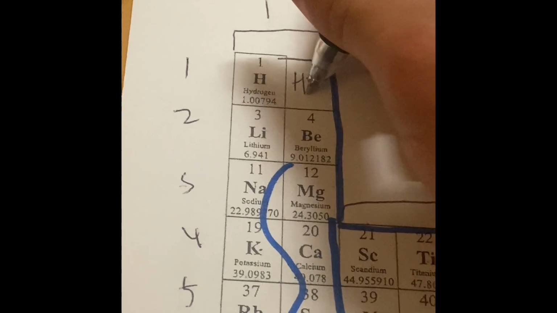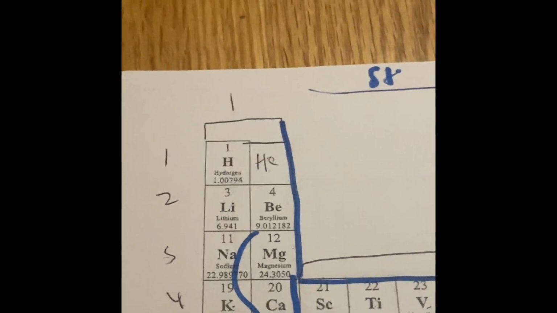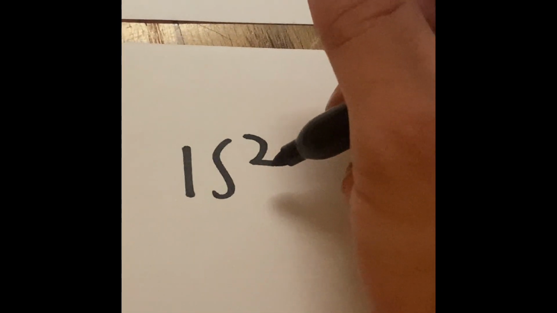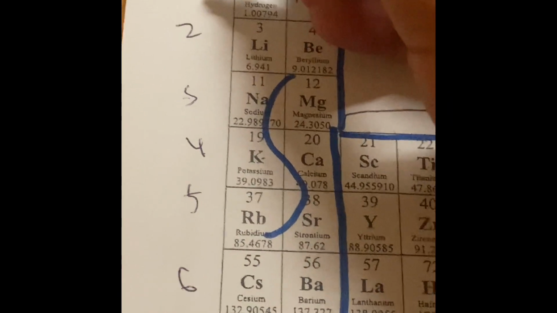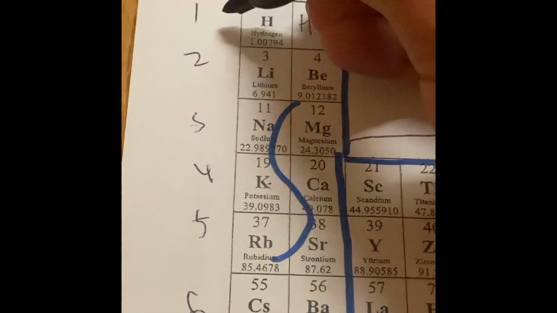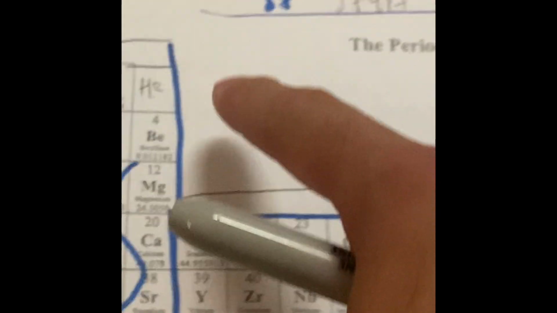Let's write that down. 1s2. So there are going to be 2 elements that we jump in the S block. And we put the number 1 in the front because that is the first layer of these sub-energy layers. Then we have to move to number 2 because we moved helium to the other side right over here.